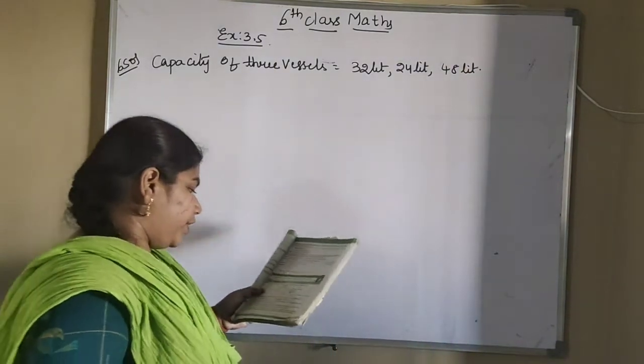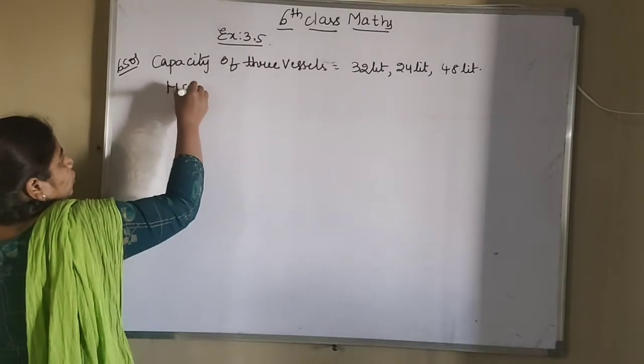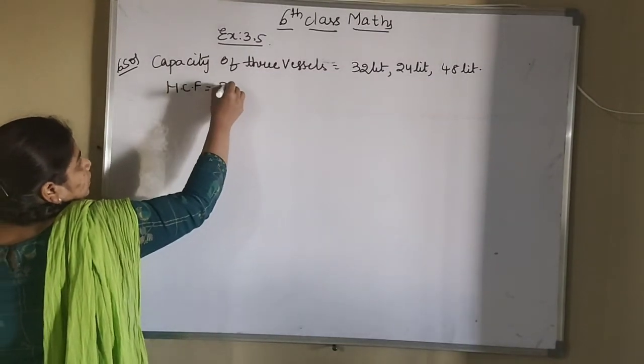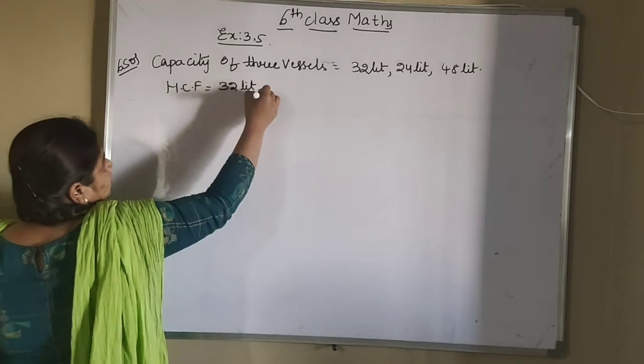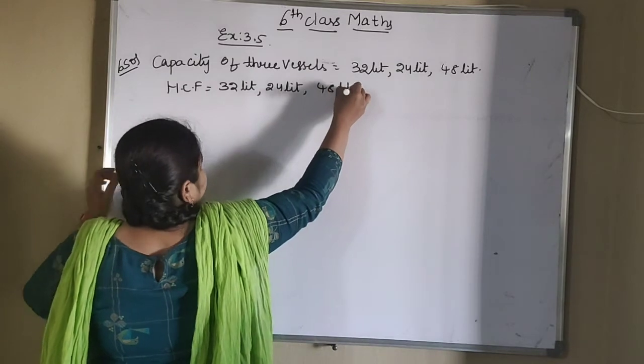And what we have to find? We have to find the HCF for this. So HCF of 32 liters, 24 liters and 48 liters we have to take.